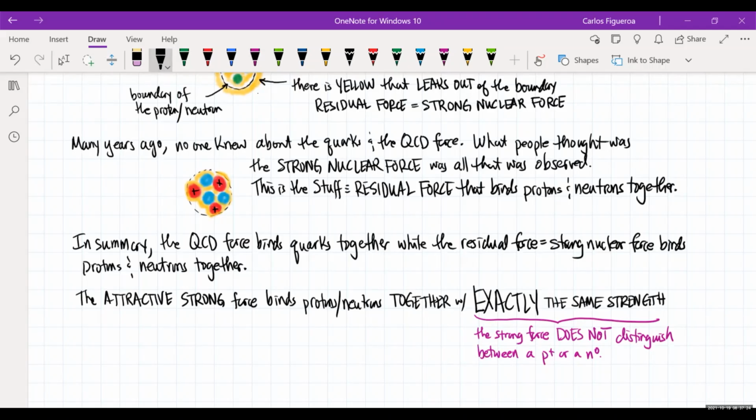Because of this, we now say that a neutron and a proton, because they're treated exactly the same, neutrons and protons are now called nucleons because they're treated exactly the same.